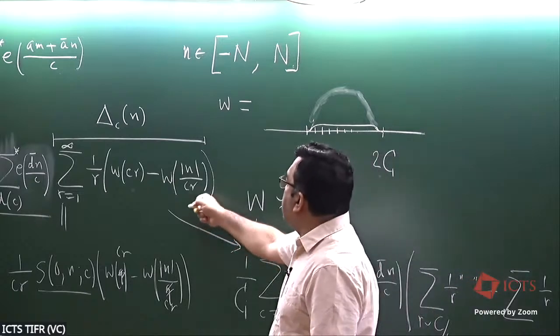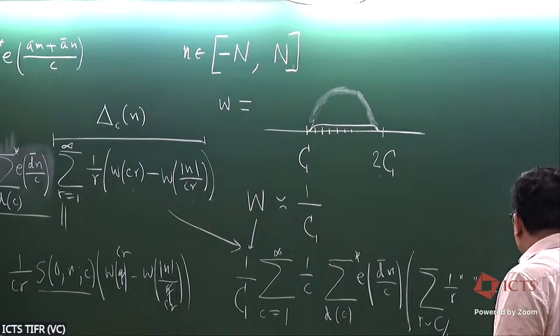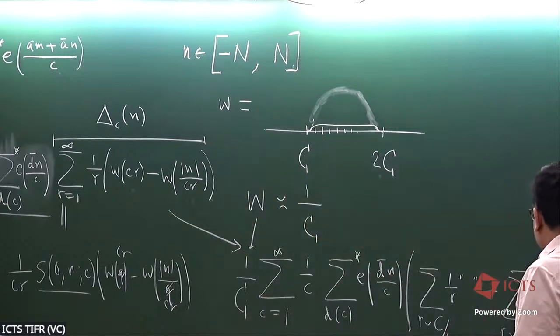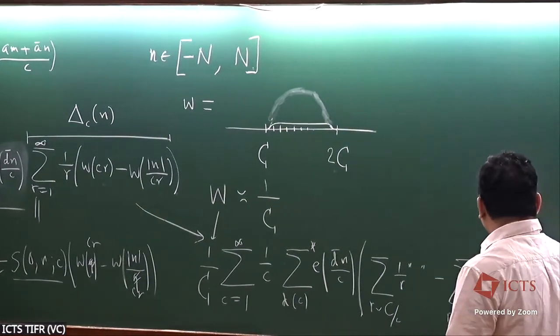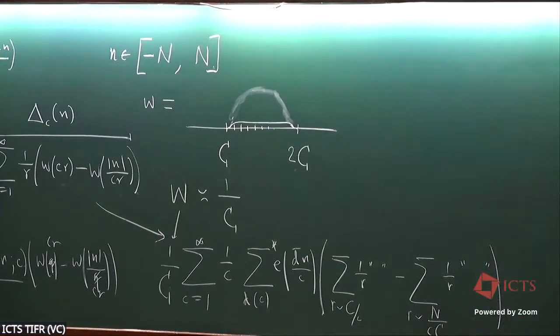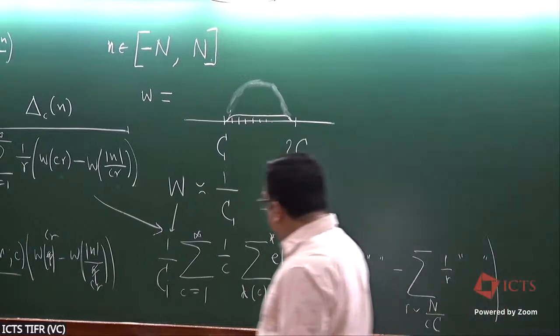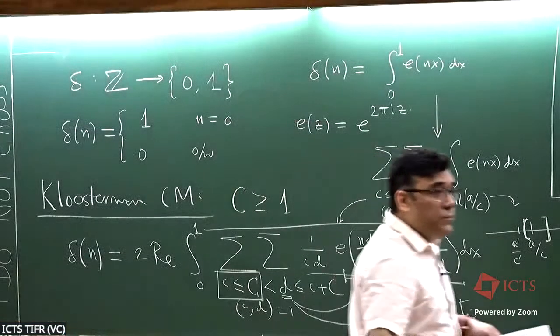And if this is between capital C and twice capital C, then here r will be between, since n is between minus N and N, so it will be N by c, capital C, and then something over here. But what I'm trying to do, if I compare this formula with Kloosterman's circle method, the difference that is still there is that here we have a range for c, that c is bounded up to capital C.